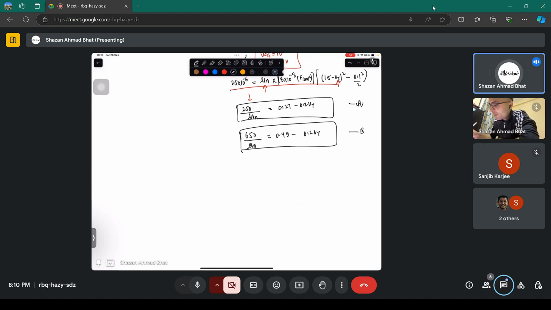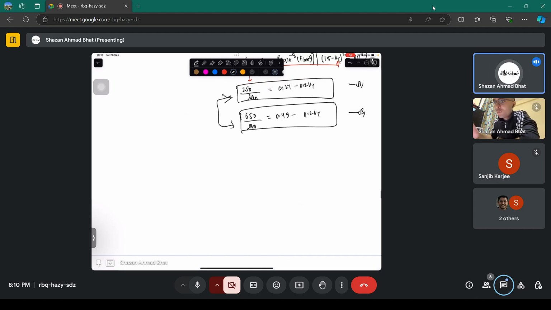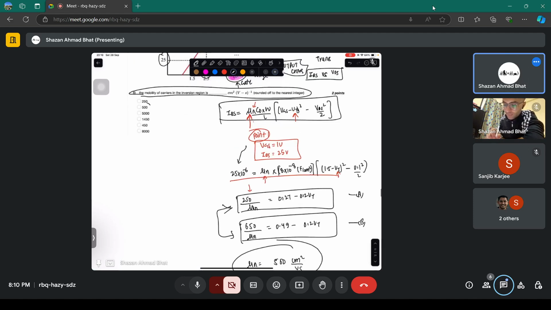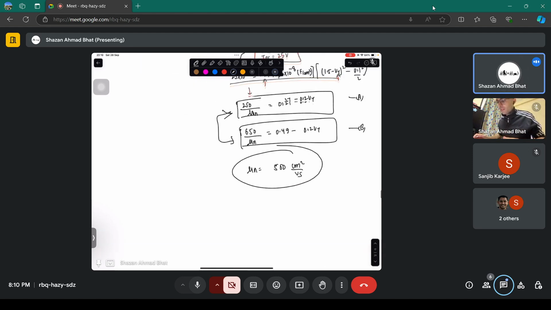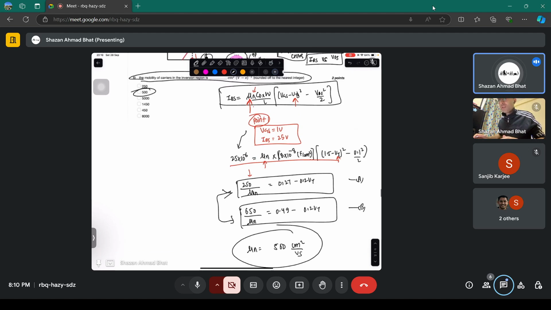Now you just solve these two equations, subtract or add, whatever you do, and you get the mobility value, approximately 500 centimeters square per volt second. That is the overall mobility value, just by solving using these equations.